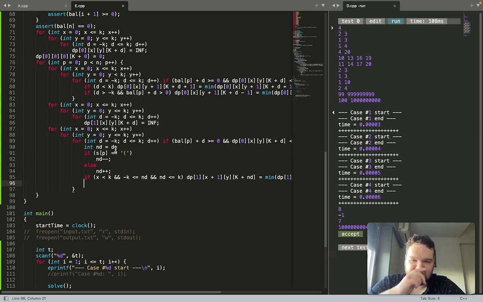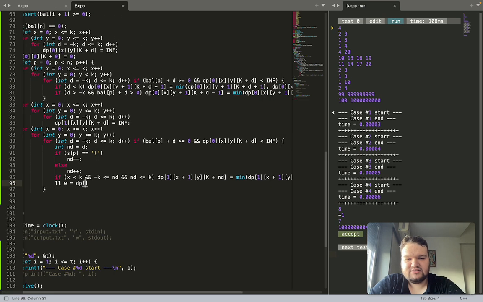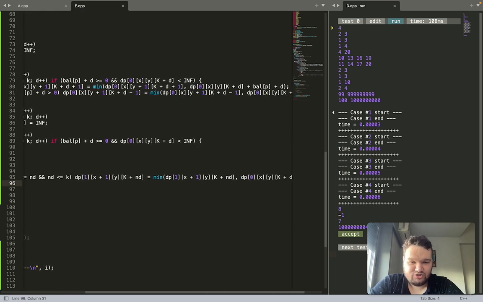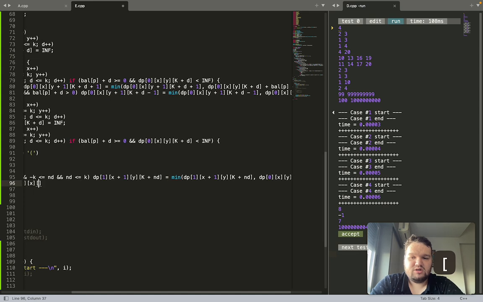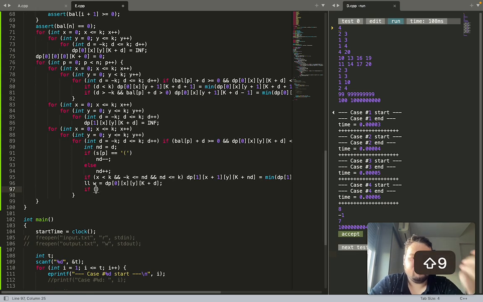All right, now if we do take this bracket, then the cost might change if it was an opening bracket. And also the balance after we do that should be non-negative.